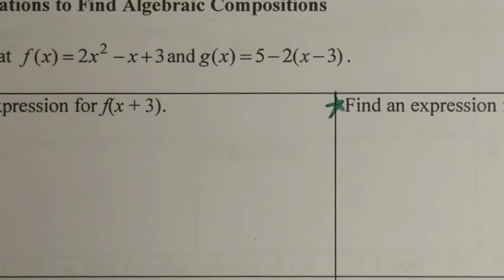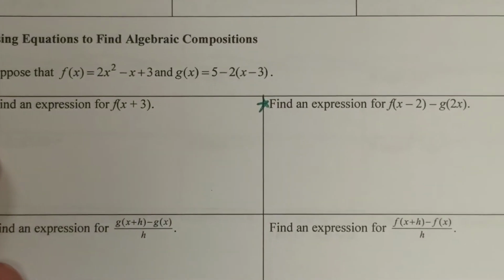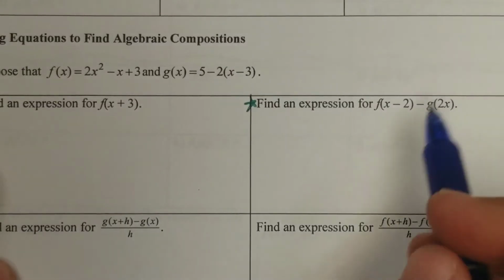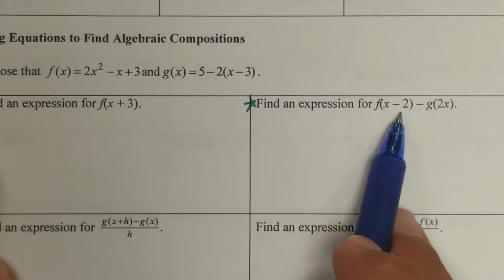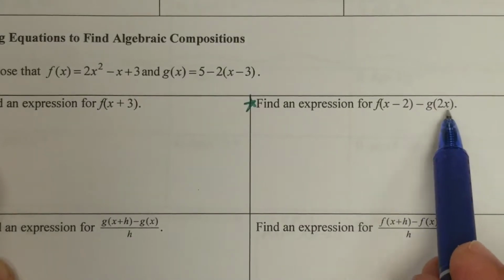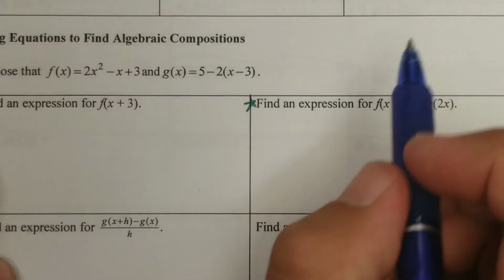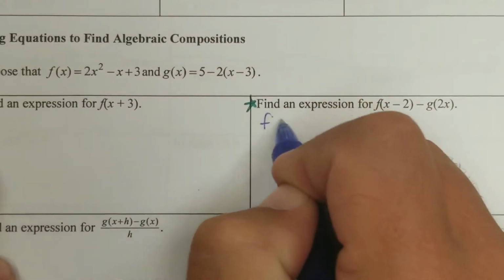So what we're going to do is find f of x minus 2, and then subtract g of 2x. So let's do it. Let's find f of x minus 2 first.